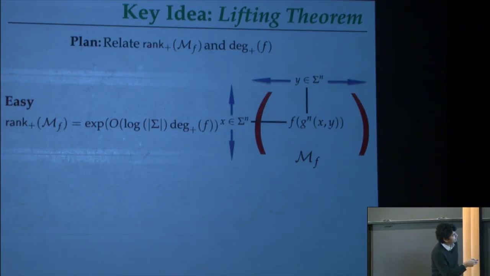If f is a D junta, look at any D monomial. If I apply the monomial to the output of a gadget, the whole thing is a function of at most d blocks of length sigma, d blocks over the alphabet sigma. In particular, the whole matrix is of size at most exponential in this.